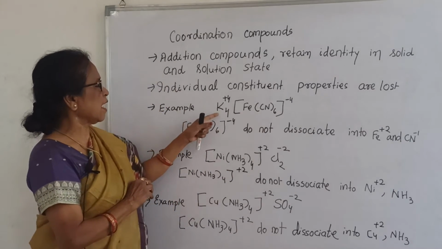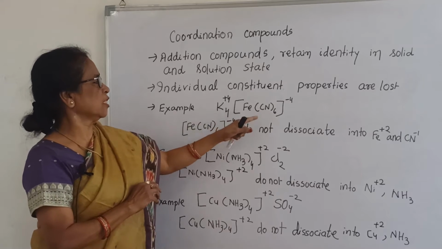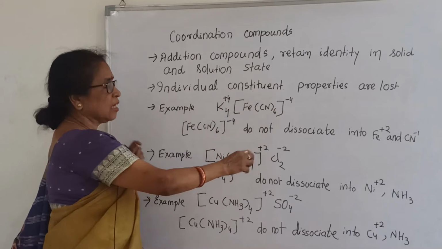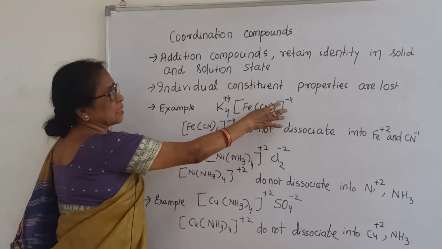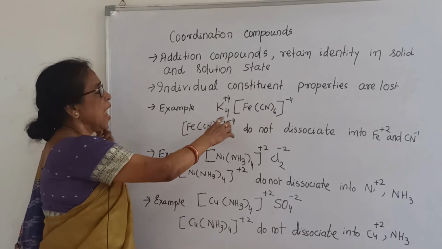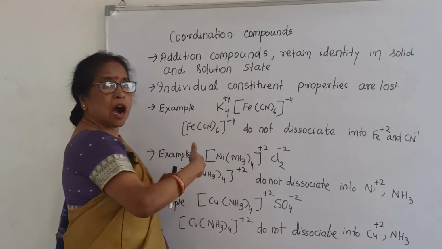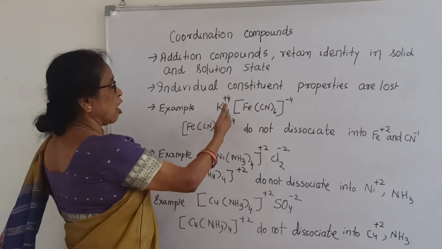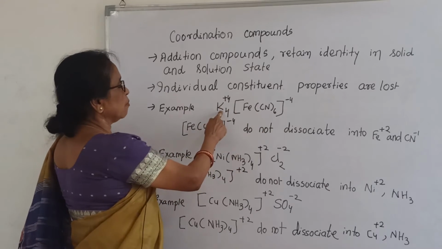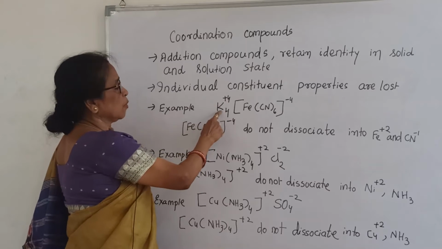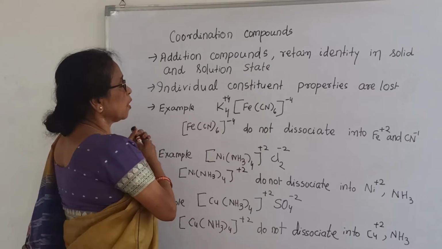Example, K4[Fe(CN)6] in square bracket, and this is actually a complex anion because it has a minus charge. Later we will see how the nomenclature is done and how you can name it. Only remember this is K plus 1 into 4, so this is plus 4.